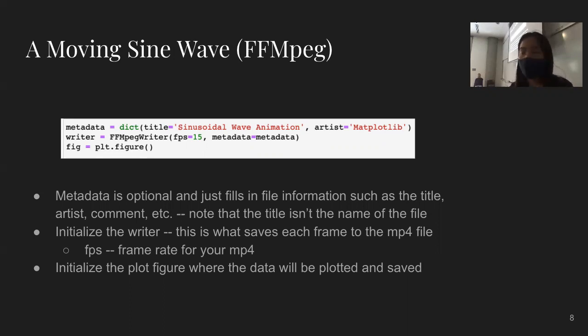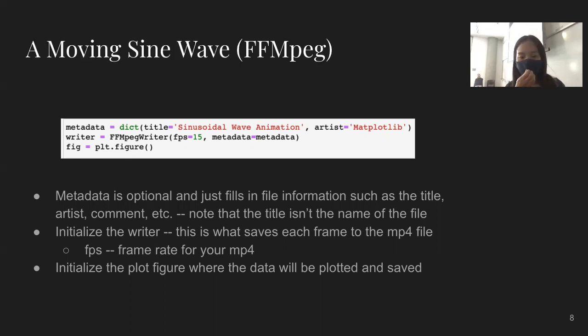This is the thing in the library that actually saves each frame to the MP4 file and makes the animation. FPS is just frames per second, so it's the frame rate for your MP4. All of this documentation is also on the Ffmpeg documentation website, so if you forget this, that's fine, I'm just explaining what all of this means.